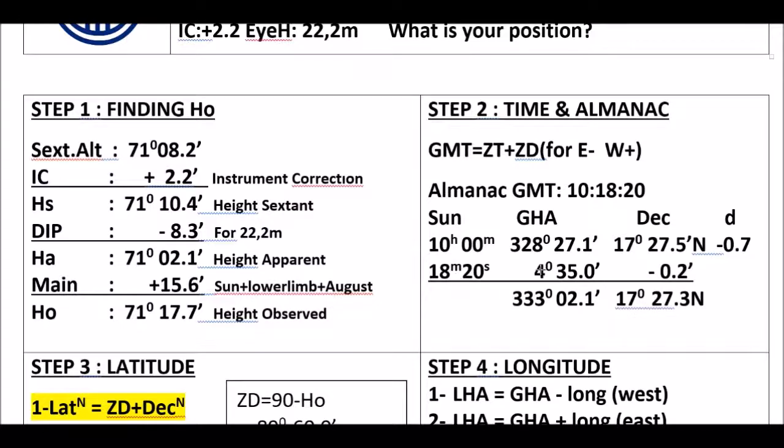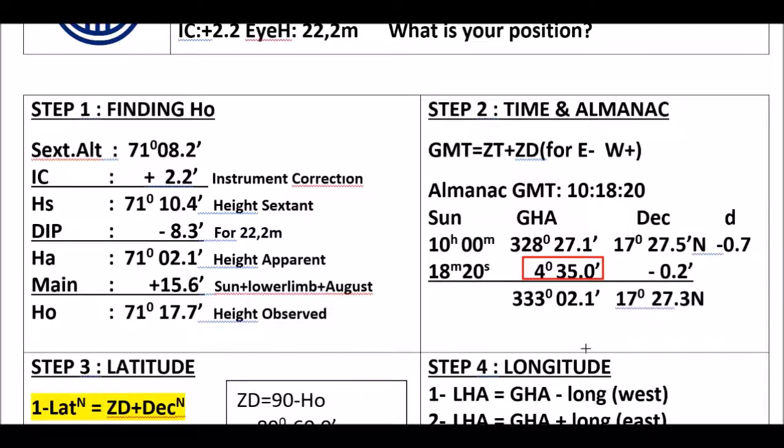There are two ways to find this value. One is mathematical. In 60 minutes, the Sun travels 15 degrees. If the Sun travels 15 degrees in 60 minutes, how much does it travel in 18 minutes 20 seconds?